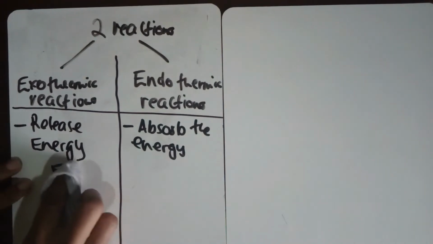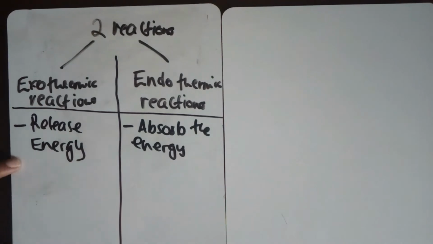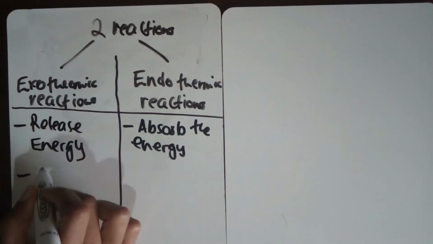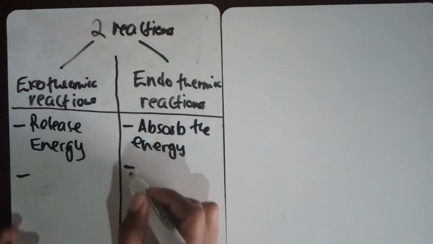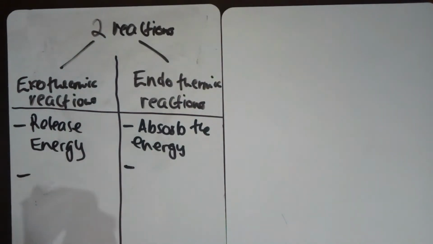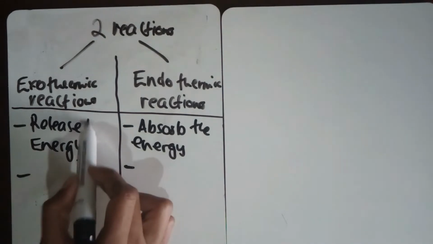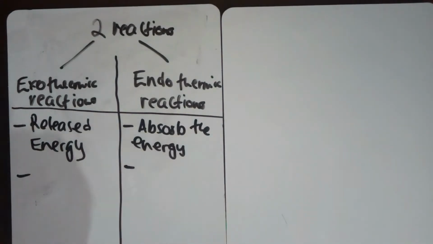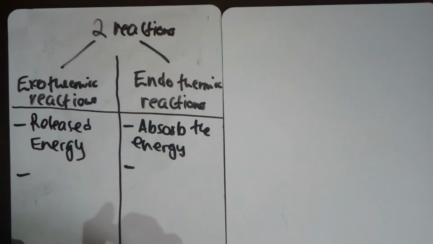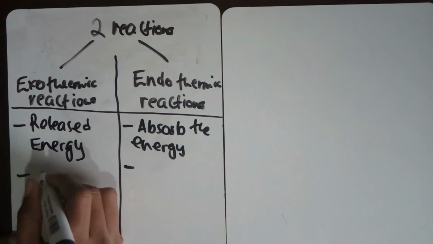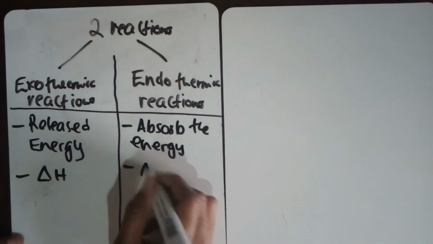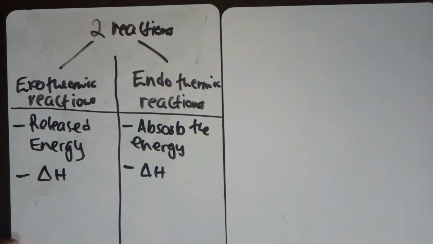It means that reaction has released energy in the form of heat. So this energy that can either be released or absorbed is in the form of heat. We call that energy the heat of reaction, or in other words, enthalpy, or a change in H.